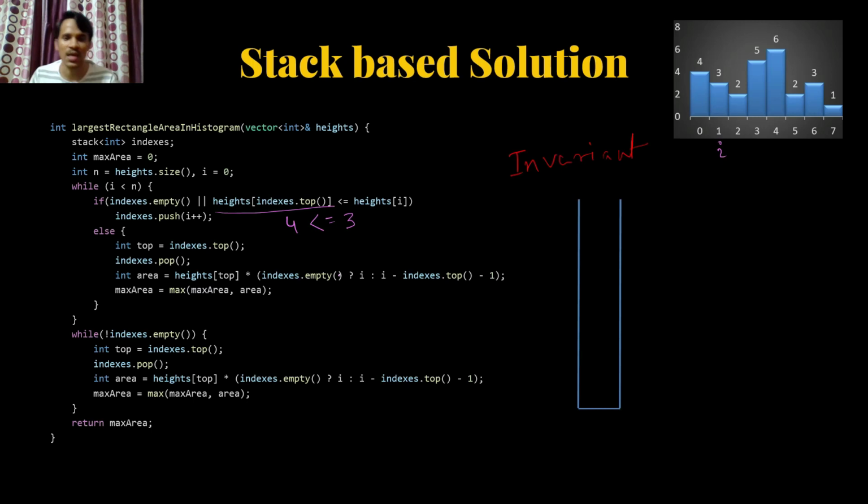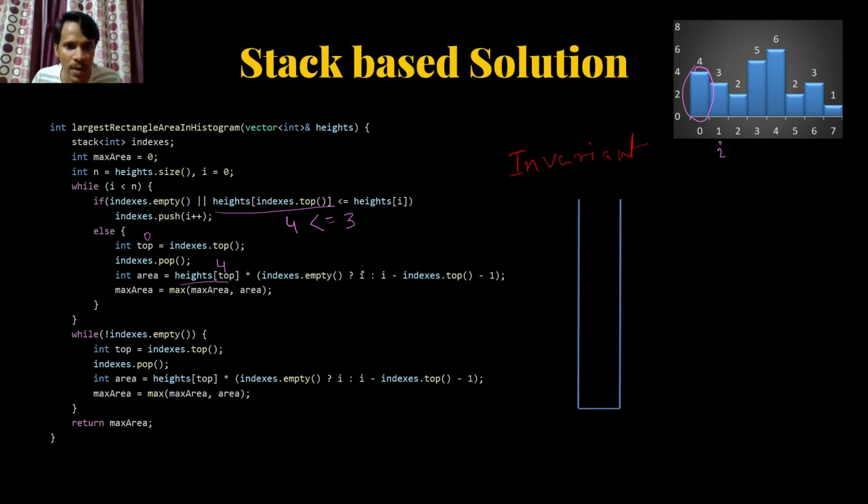The formula is basically, if the stack is empty, then we multiply the height of the top element, heights of top. So the top was 0, the height of 0 is 4.